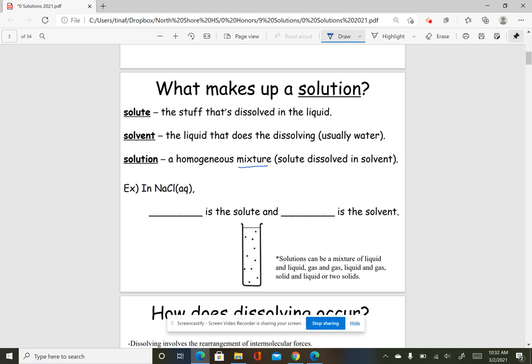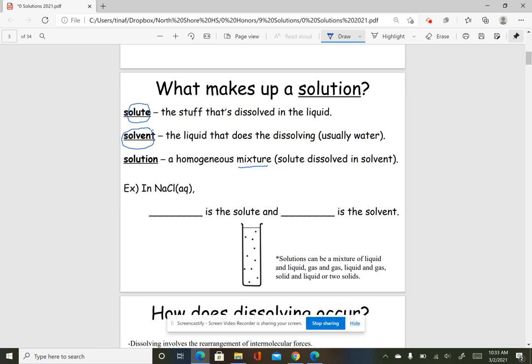Each thing in the solution has its own separate name. The solute is the stuff that's dissolved, and the solvent is the liquid that's doing the dissolving. So in iced tea, the solute would be the iced tea powder, and the solvent would be water, right? Both of those things make up my whole solution.